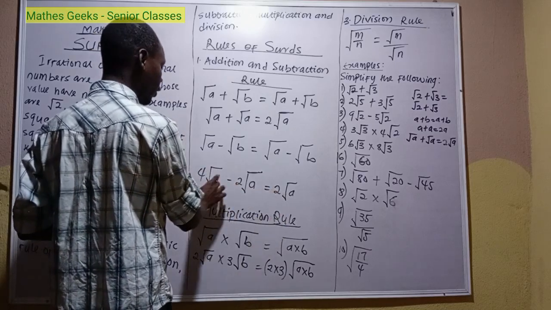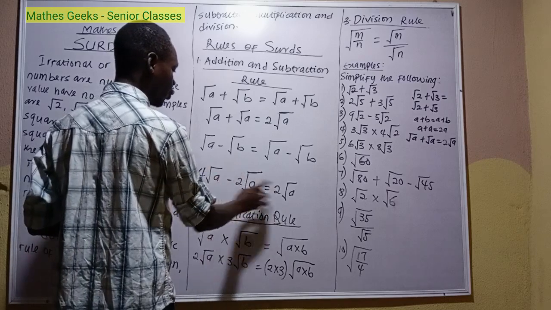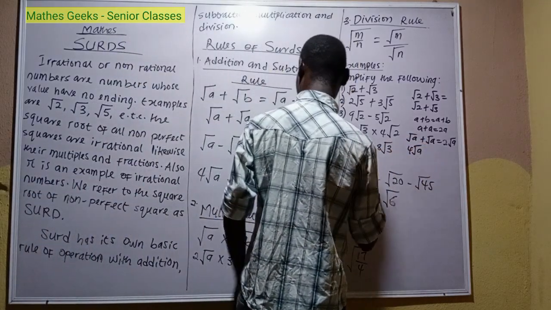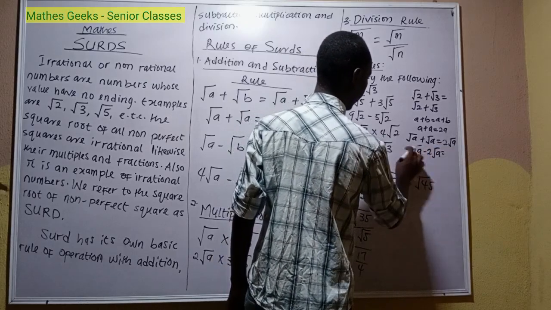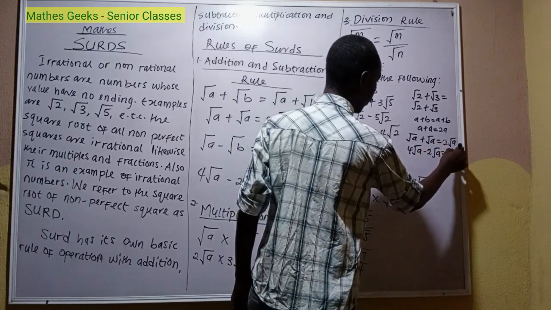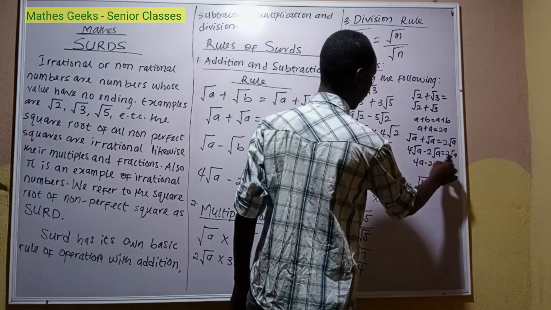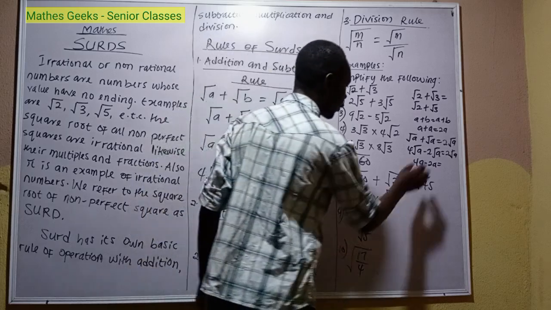So 4 root a minus 2 root a is like 4 minus 2, so that will give us 2 root a. This is the same thing as 4a minus 2a. What do you do if this were algebra?